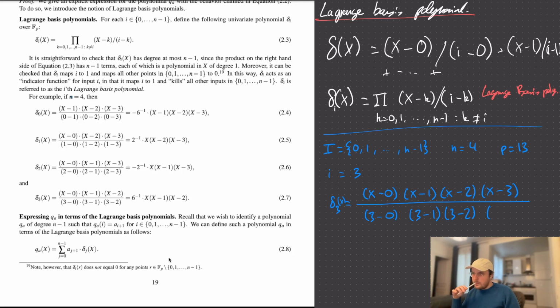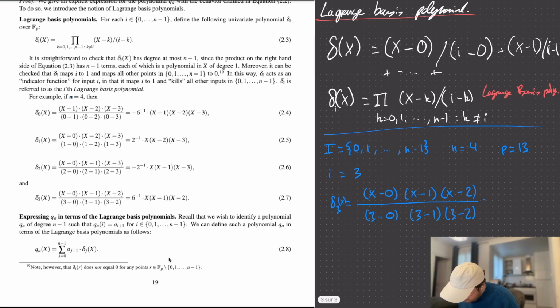There's something I don't understand. Okay, n equals 4. So it's still working, right? Because n equals 4. Oh yeah, n minus 1. 1, 2, 3, 4. Yeah, my bad. Okay, they are actually doing exactly what I'm doing right now, which is fun, but I will do it myself.